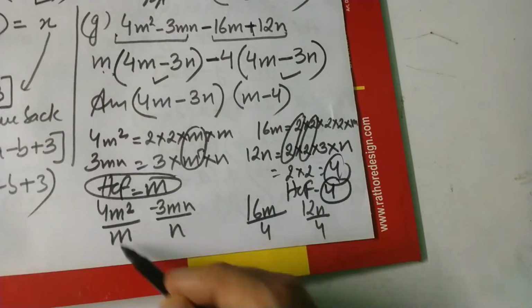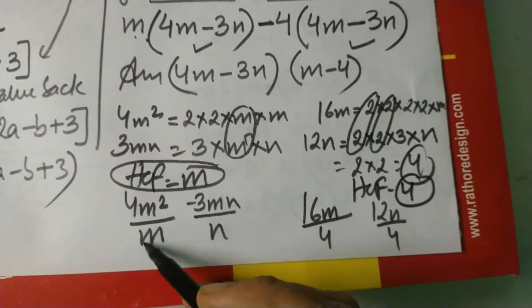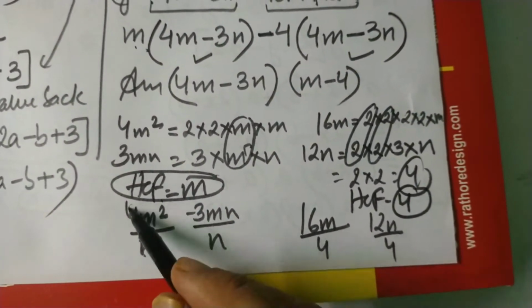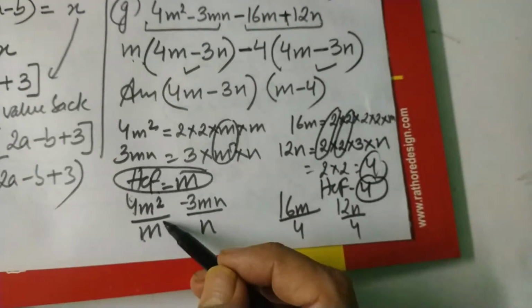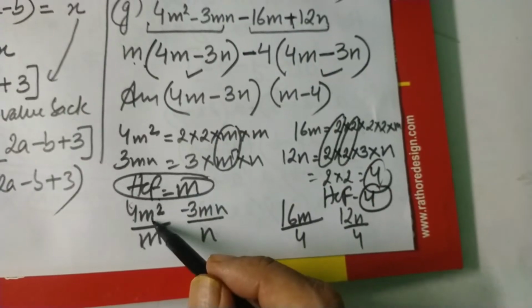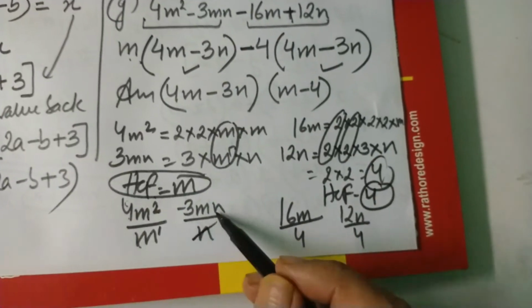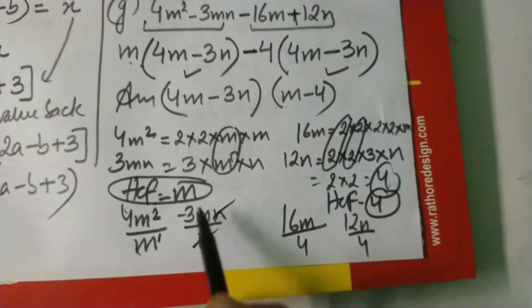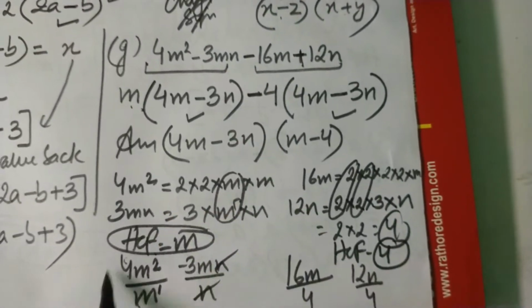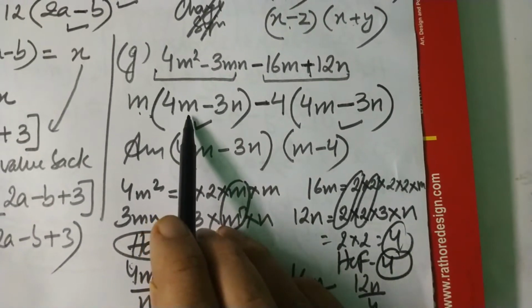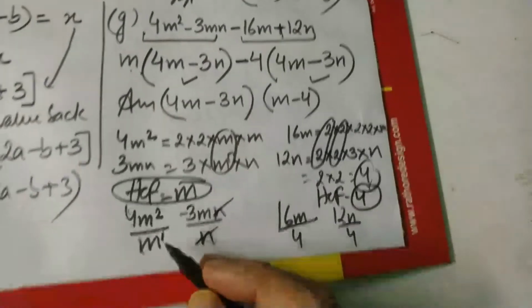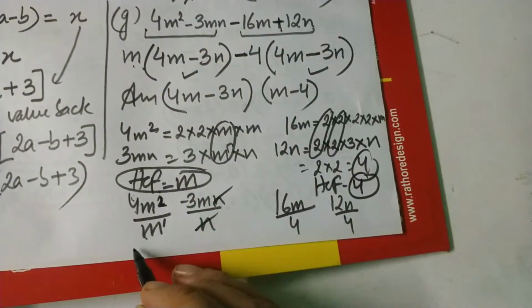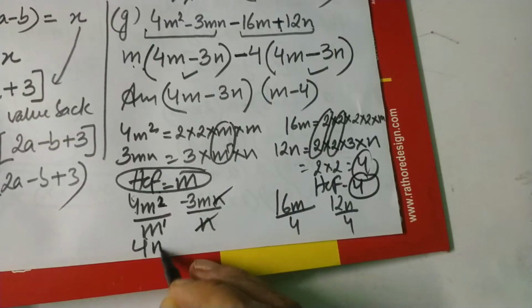When you divide this, what will come? m and m square will divide, you will get 4m square minus, this is 1. So 4m will come, and here when you divide, n and n will divide, what is left? 3m. So whatever comes after dividing, you write inside the bracket. The answer is m square minus 1, the answer is 4m.